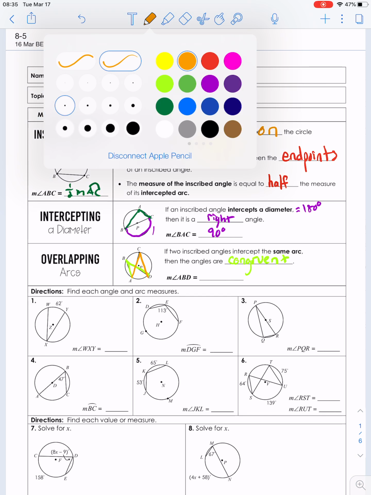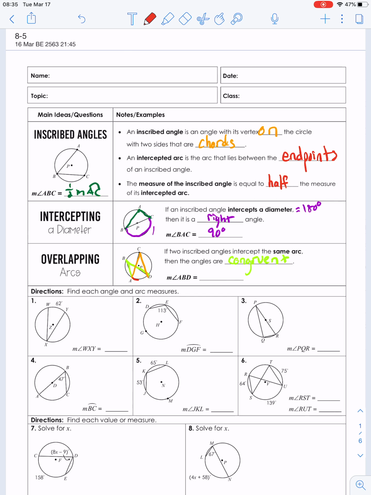And they both share an arc here. It's the same thing. So ABD is going to be congruent to the measure of ACD because they are inscribed angles and they share the same arc, which means they are congruent. Same as if we had a central angle that had the same size arc.